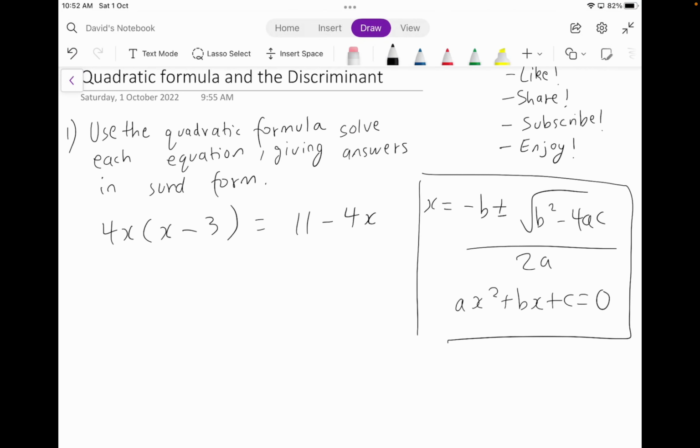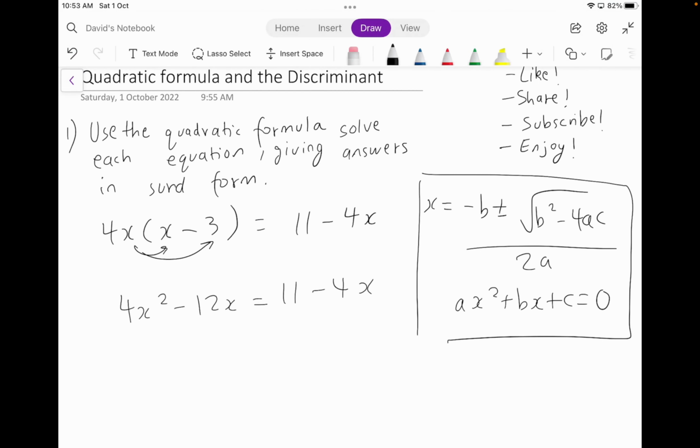Alright, so the first step is to always simplify your equation. For this question I'm going to open up the brackets. Once you multiply these two brackets, you get 4x squared minus 12x is equivalent to 11 minus 4x. Now rearrange the equation into ax squared plus bx plus c is equivalent to 0.